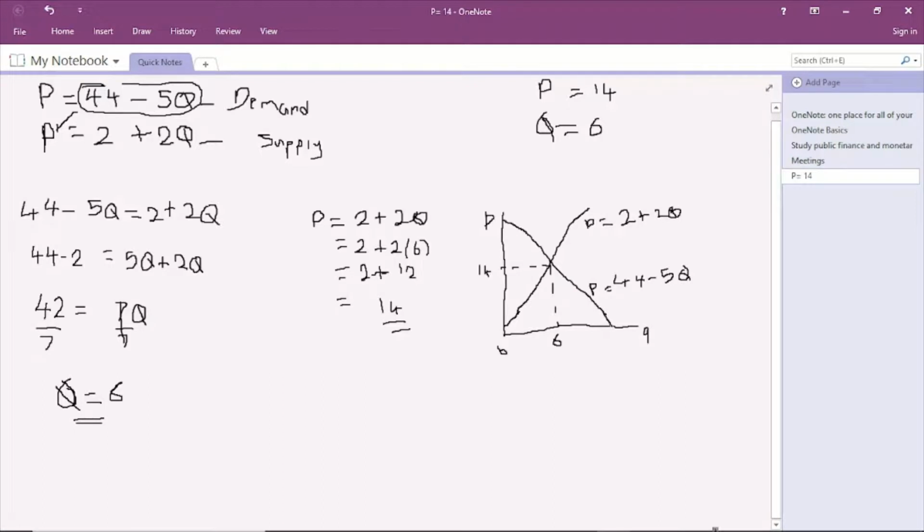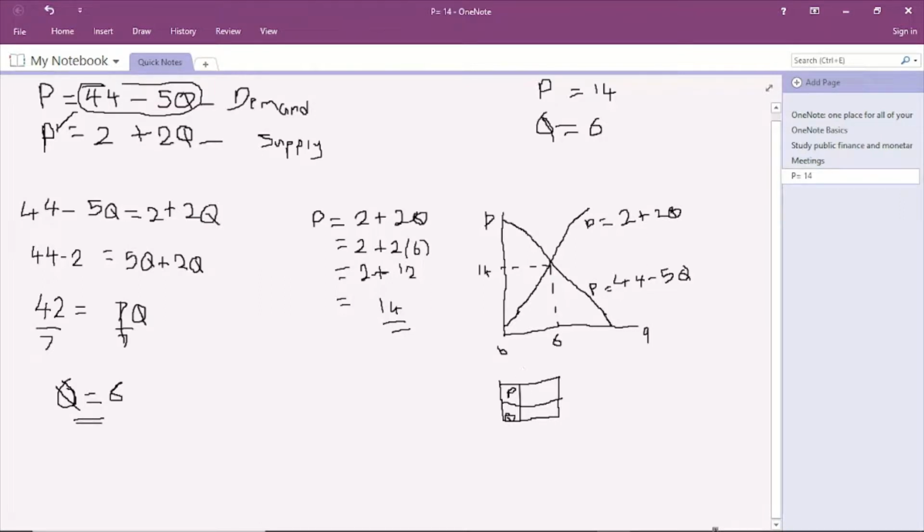So here at this point, when quantity is 0 in the demand equation, let me just show you using this box. You can use this box when you want to make a graph.